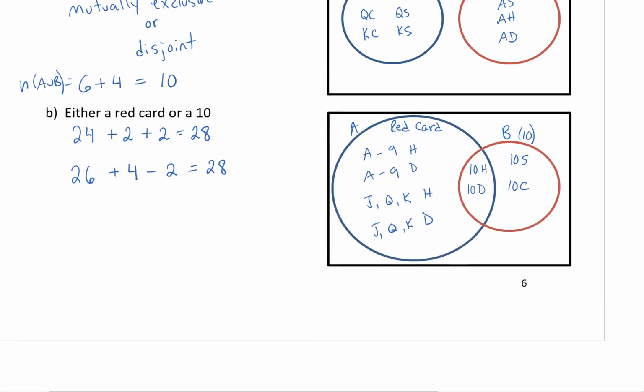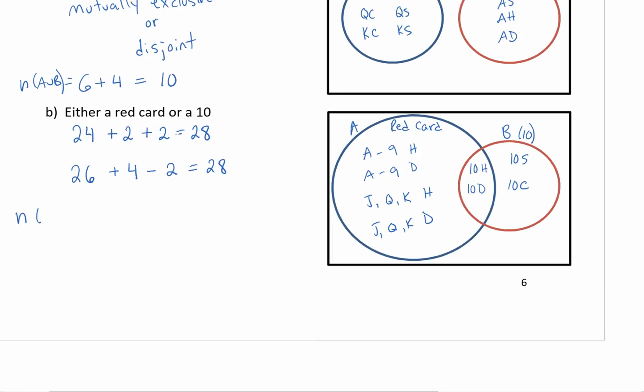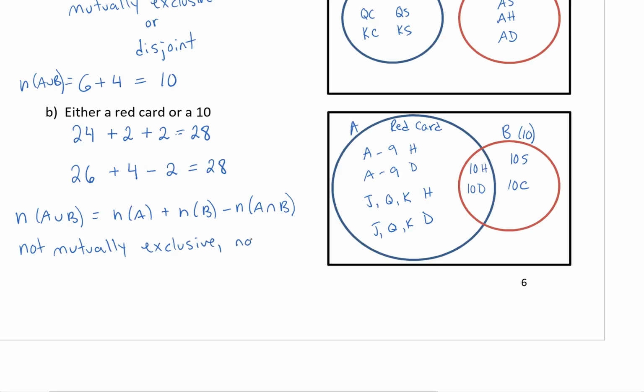Either way, symbolically, the number of A union B, when these are not disjoint, would be the number in A plus the number in B minus the number in both, A intersection B. So these are not mutually exclusive and not disjoint. You must subtract the common outcome.